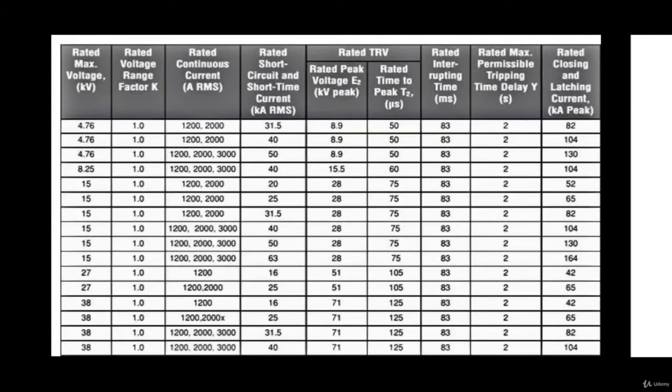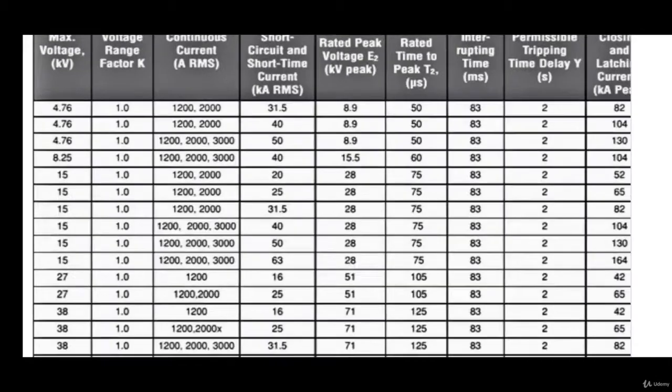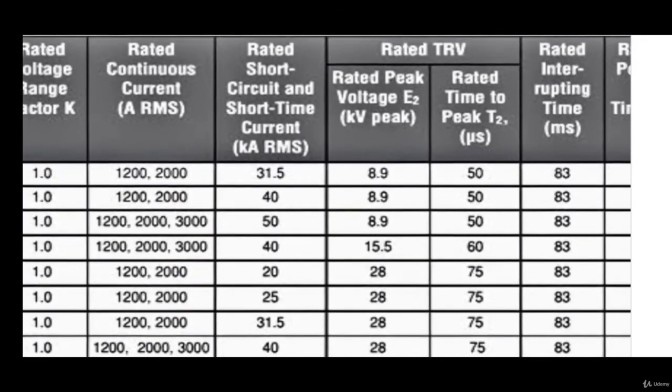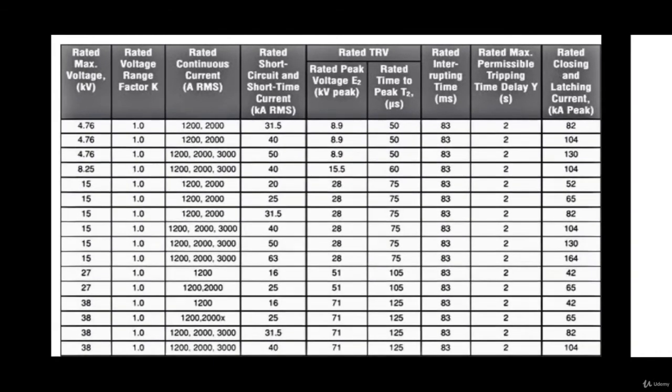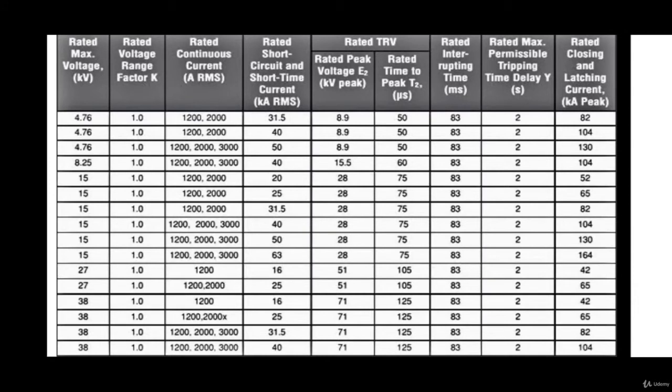So let's move on. How are you going to find SSCR? It is always given in your component ratings. When you purchase any component like an MCB, MCCB or switchgear, you will get a catalog. In the catalog, there is one parameter like rated short circuit and short time rating, which is in kA RMS. So you will already get the SSCR value.